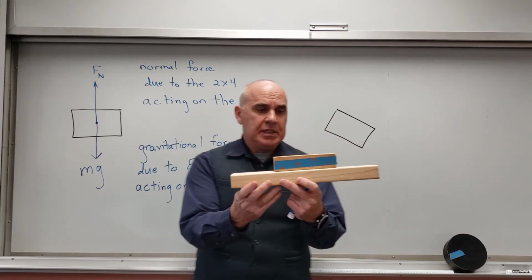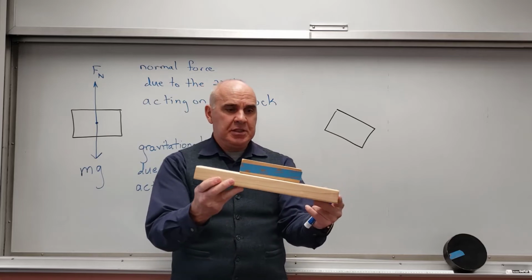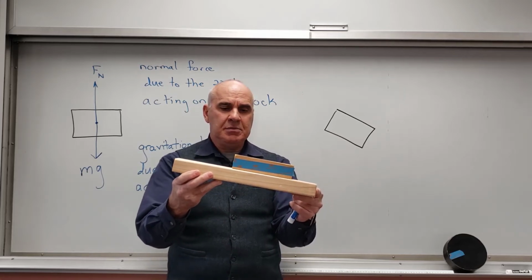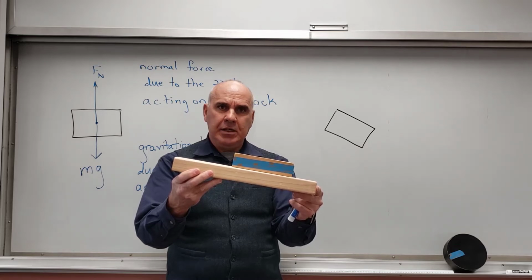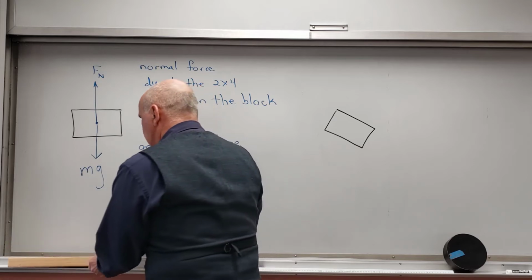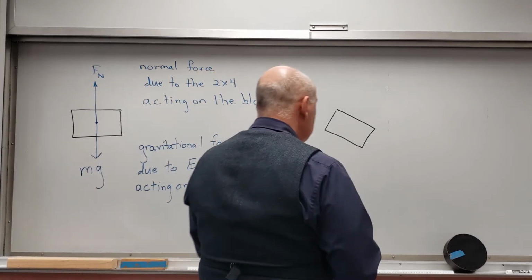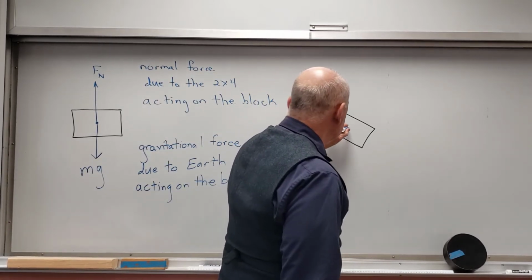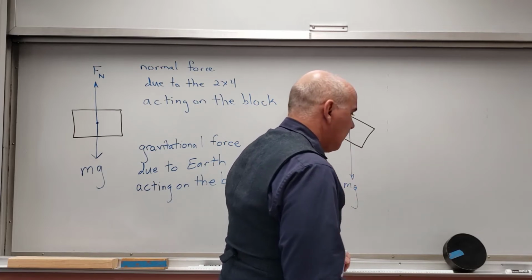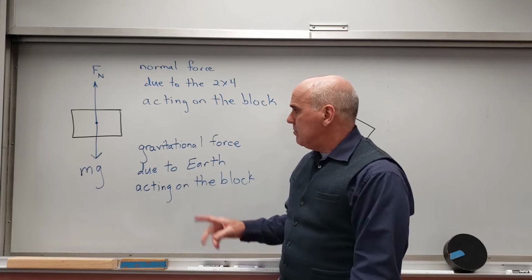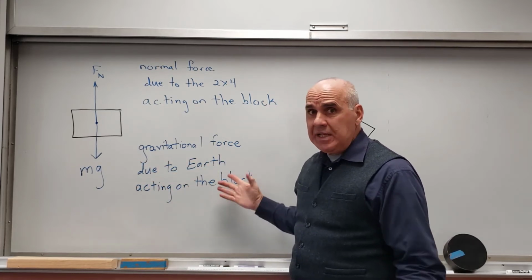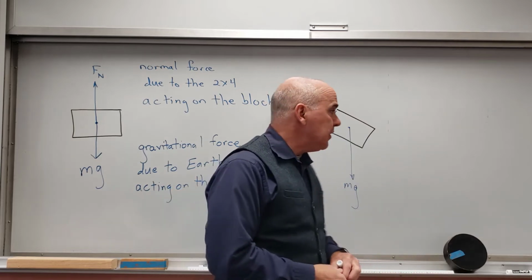Now, let's tilt it at an angle. Right? I'm actually going to tilt it this way. All right? I don't want to tilt it too much there. So if I tilt it at an angle, let's do the force diagram again. There's going to be a gravitational force, and that's pointing down. I don't want to rewrite this. Gravitational force due to the earth acting on the block. Same definition.